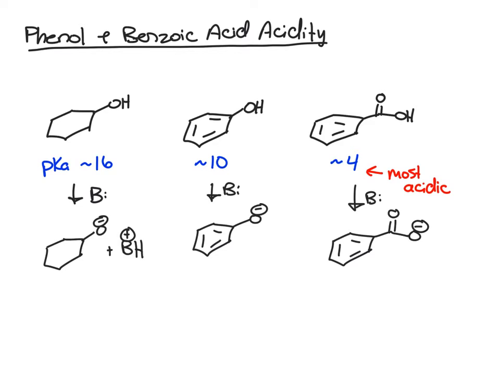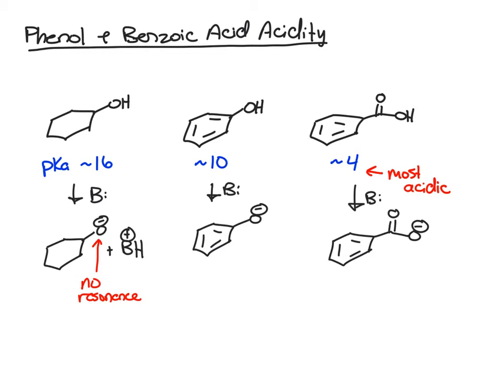And just to do some comparison here, to see why we have these acidity trends, well, for cyclohexanol, the negative charge on the conjugate base has some stability because it's on the electronegative oxygen, but there's no resonance stabilization. And that's why of these three, it's the least acidic.